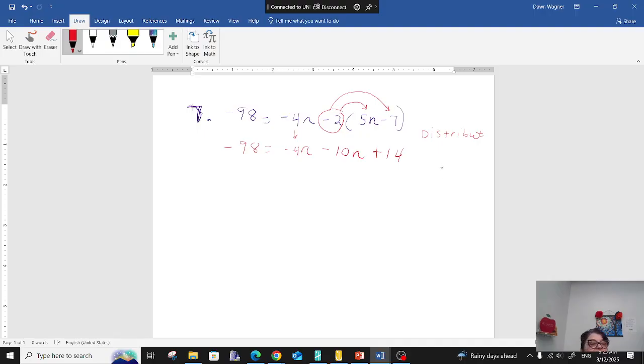I can't start solving, right? Because it doesn't look like a 2-step problem yet. So what do I have to do? Combine like terms.